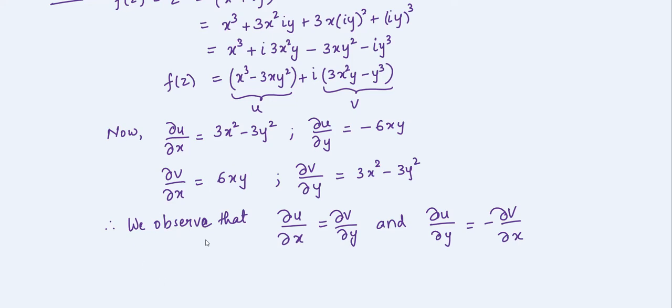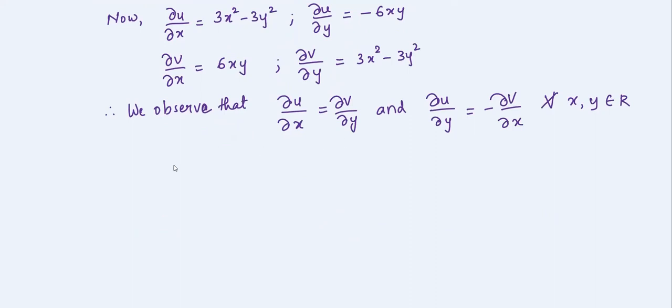Therefore, this is irrespective of any value. This is for all x comma y belonging to R. For all real values, that means z equal to x plus iy. For any complex point z, this is valid.